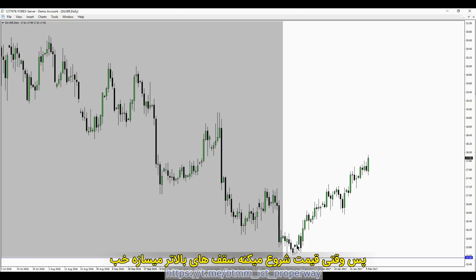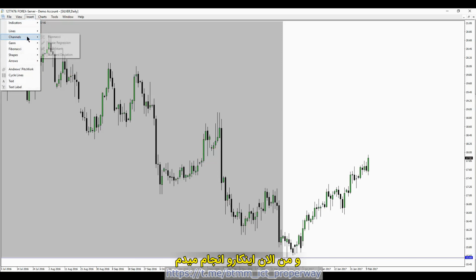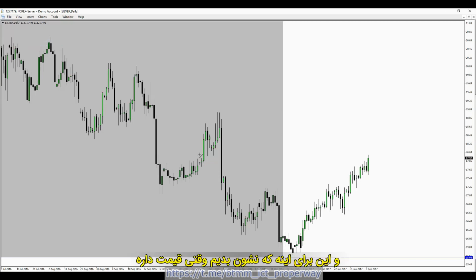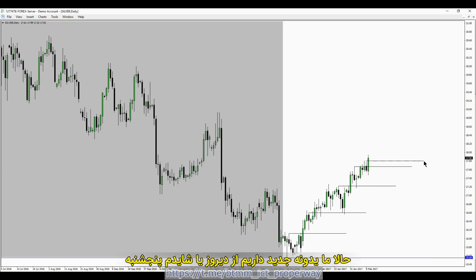So as price starts to make higher highs, we note every down candle. And I'm going to do that now. This is just to illustrate, when price is creating down candles, you want to be noting them. And what it'll do is give you all of the, now we have a new one from yesterday, or Thursday rather.